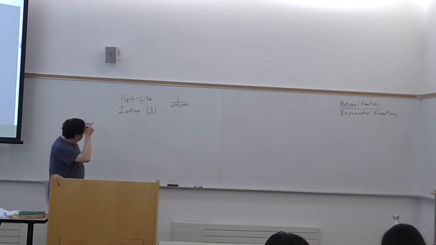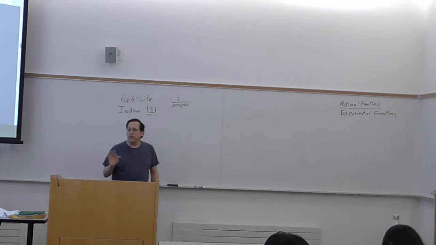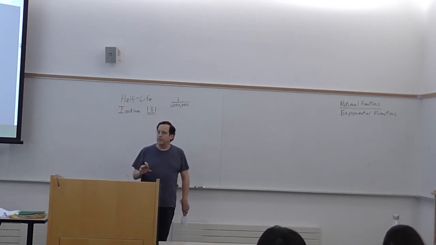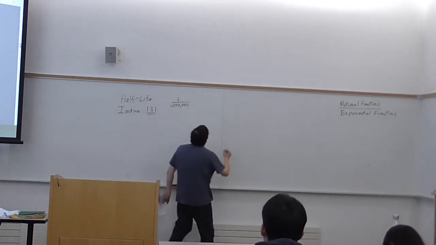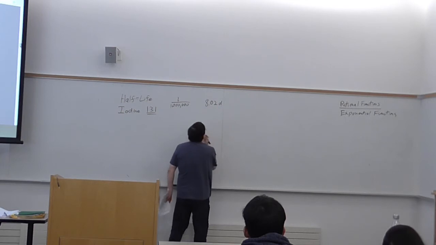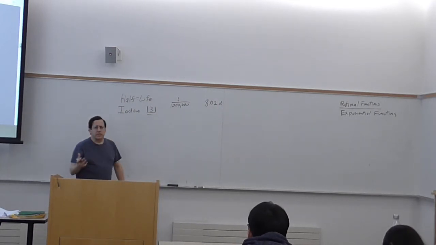Well, okay. First thing, what's the half-life of iodine? Any of you here with a computer can Google half-life iodine 131, and you'll find out it's 8.02 days. Okay. That's pretty good. Let me make that into an equation, right?